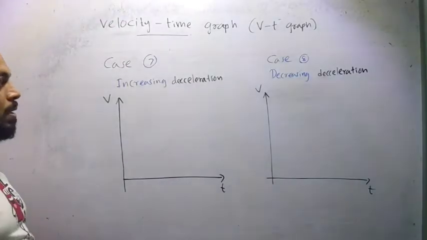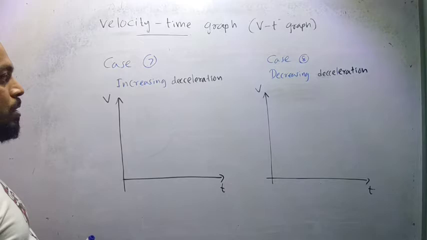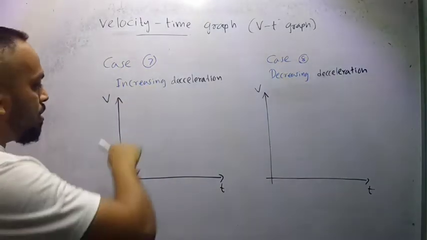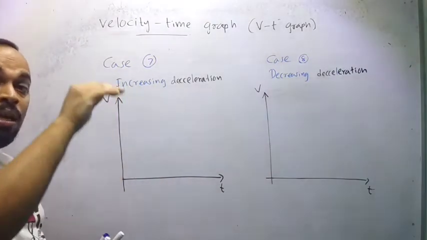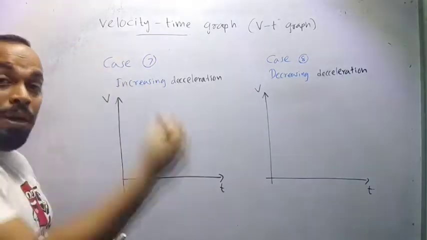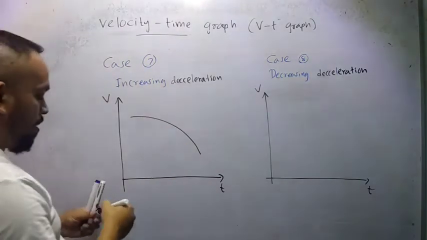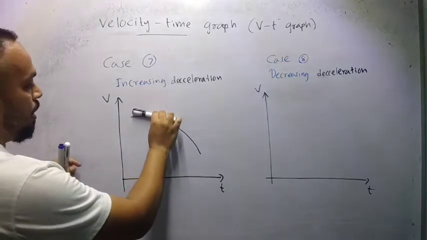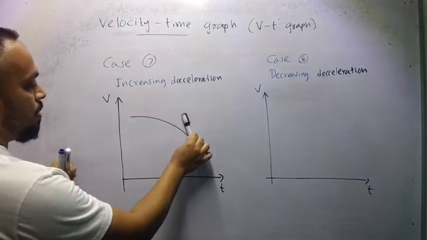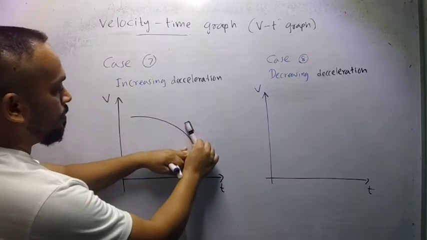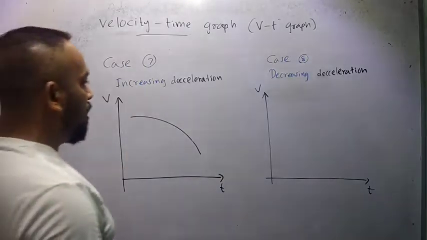Case 7 and case 8. Increasing deceleration: deceleration means the slope is negative. The deceleration also increases, which means the velocity decreases rapidly. It looks like this, so the slope increases; look at the angle, it increases. That is increasing deceleration.